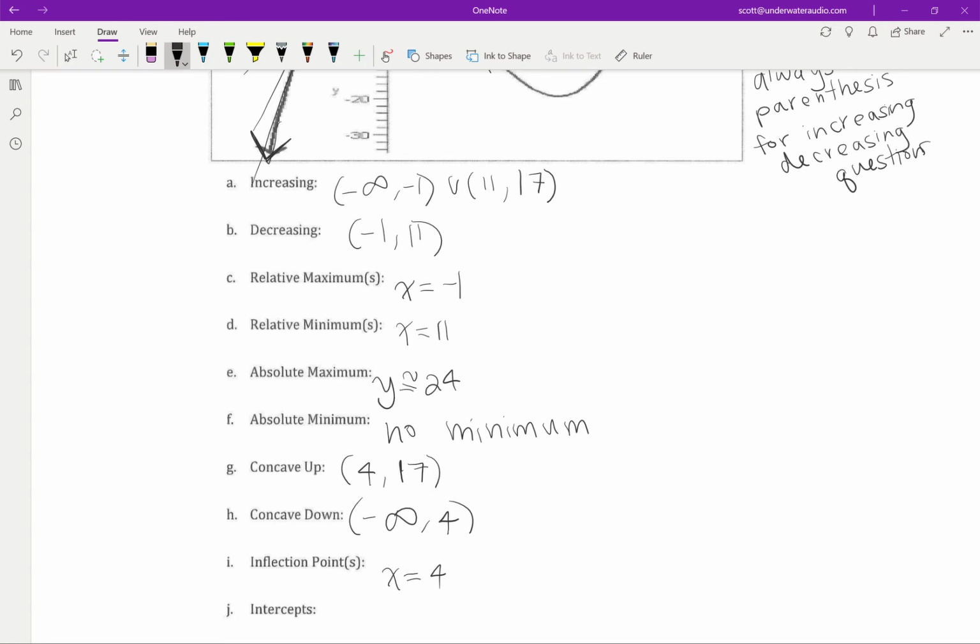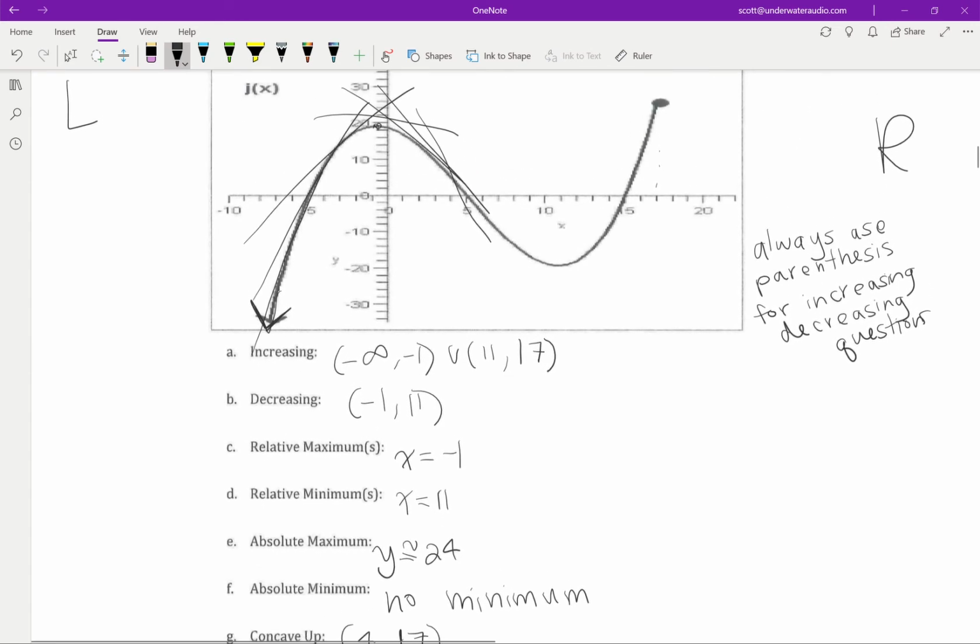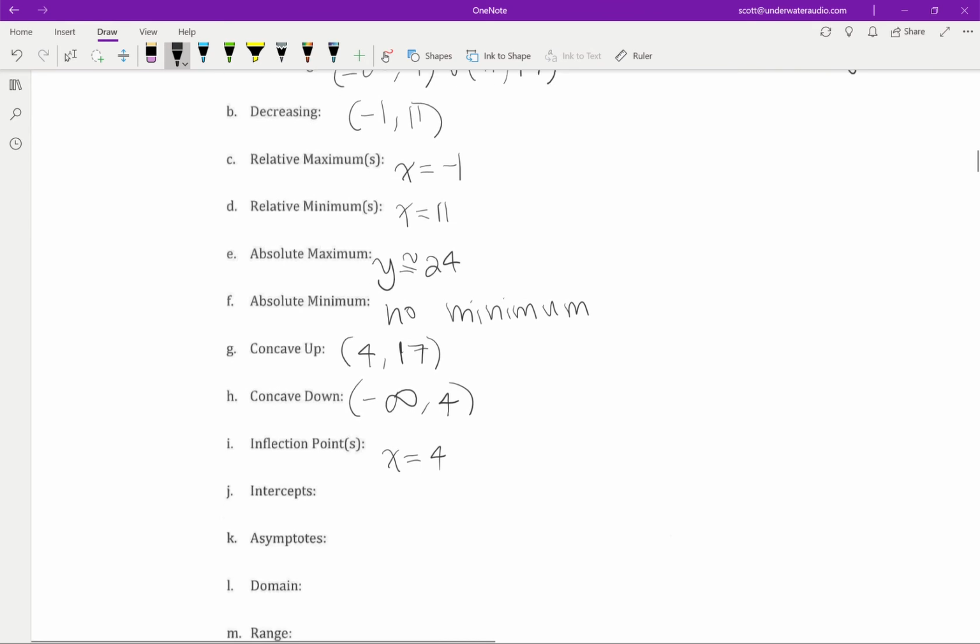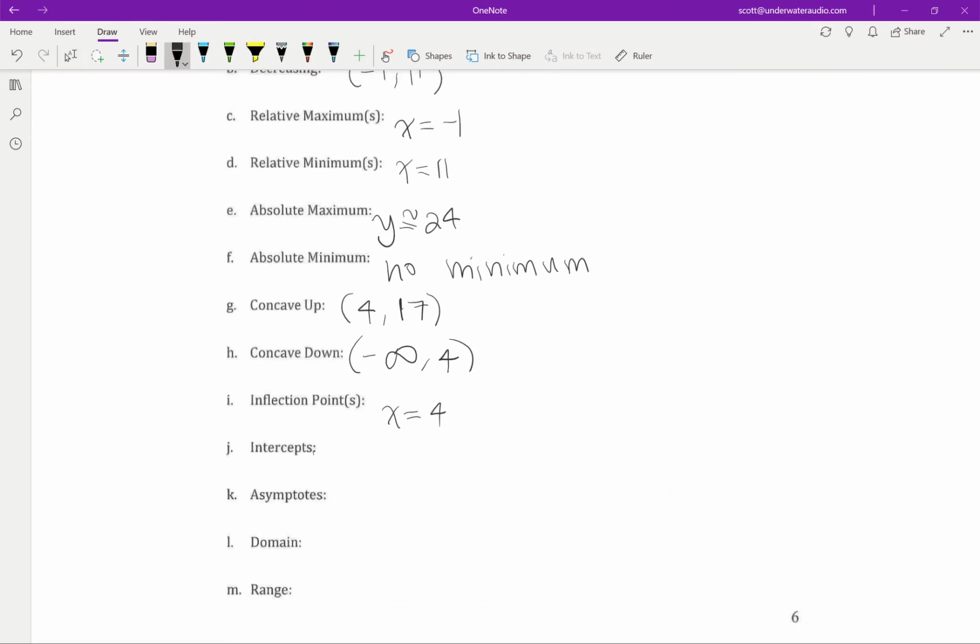And then in terms of intercepts, let's see. So we've got x-intercepts at negative 5, 5, and 15. And I'm supposed to write those as coordinate points. So that would be negative 5, 0. Ooh, glitch. Negative 5, 0. 5, 0.